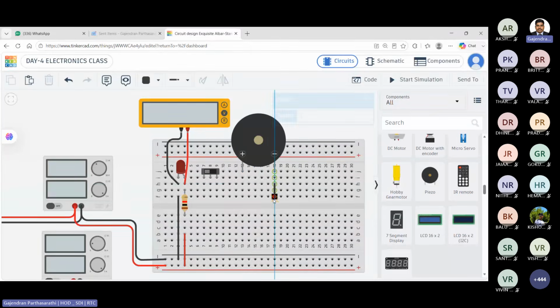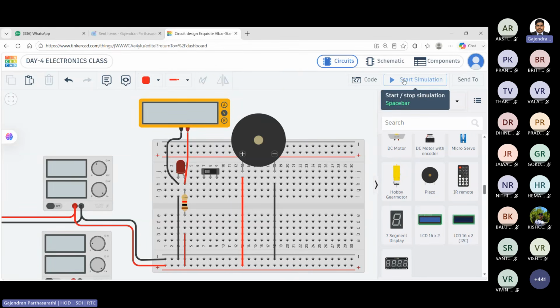I'm going to connect it to the negative rail, and the positive to the positive. Here I'm not using a resistor in series with it, because the operating voltage of the buzzer is 5 volt and greater. So I need not put a resistor to limit the current flow in it.